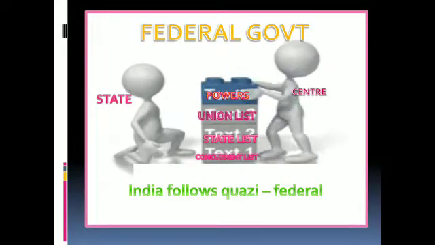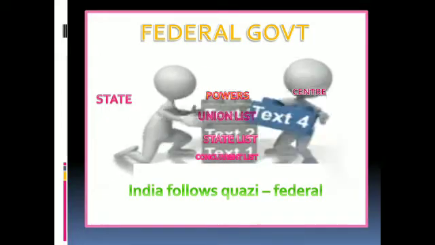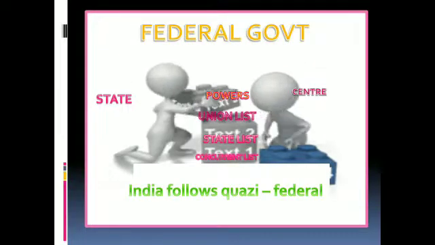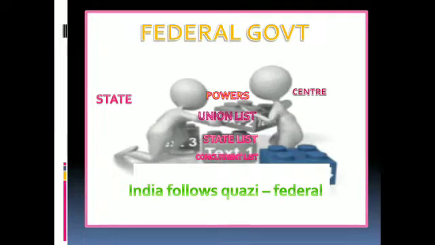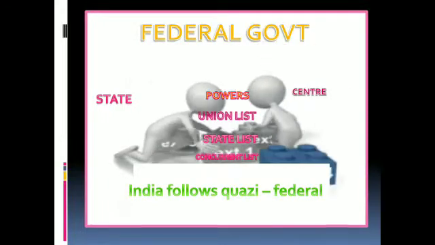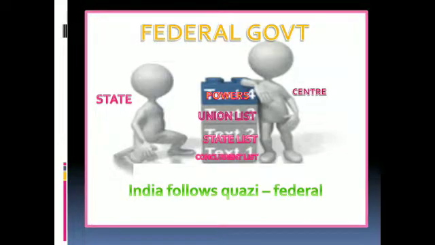Now, what do we mean by federal government? According to the Seventh Schedule of the Indian Constitution, the state makes laws based on the state list, the central government makes laws based on the union list, and both the center as well as the state together can make laws on the concurrent list.